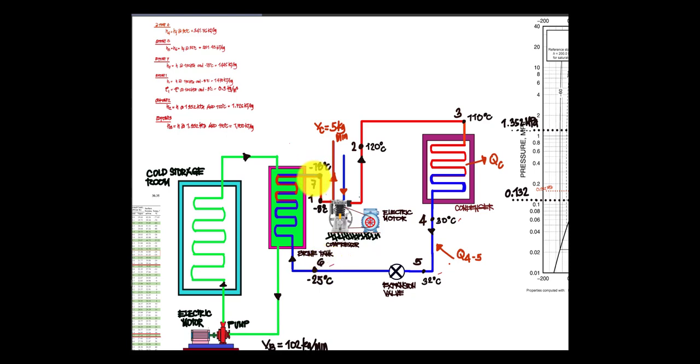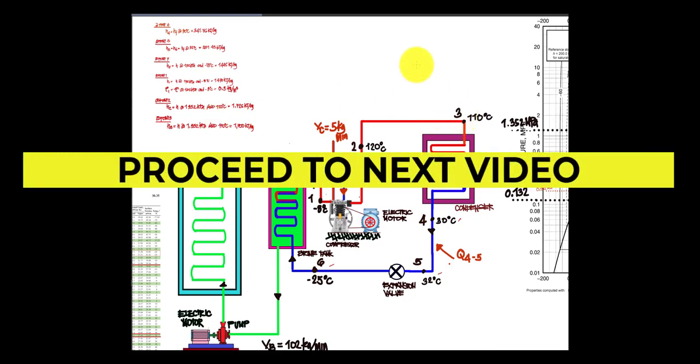Point 7, we also have it. For point 1, we have the enthalpy, it's okay. Then for point 2, we now have the enthalpy at the discharge line of our compression. After compression, at point 3 before the condenser, we already have the enthalpy. So we are good to go to calculate the requirements needed in the problem.